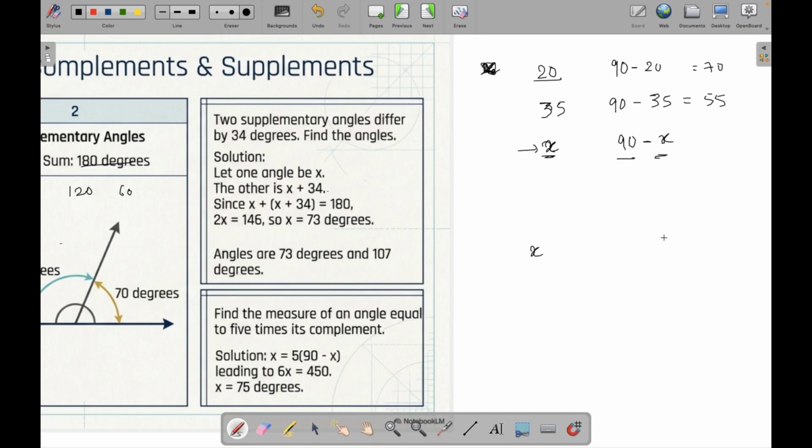So the complement of that angle is 90 minus x. And it is given that the angle is equal to 5 times its complement. So we'll write x is equal to 5 times 90 minus x.